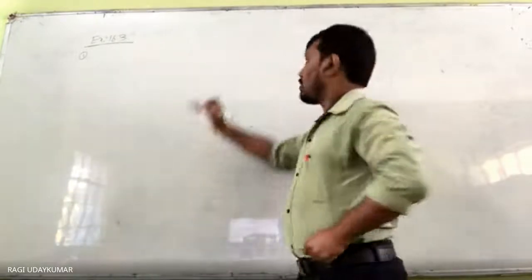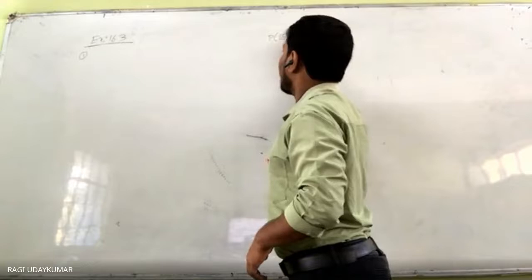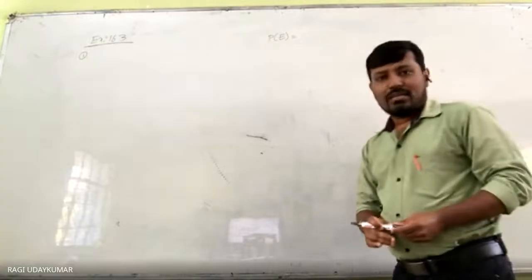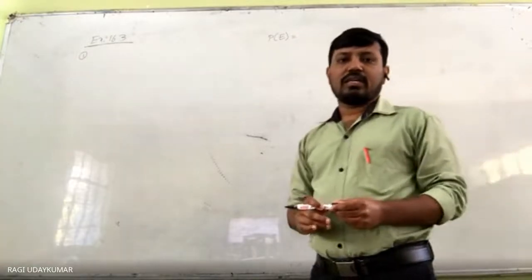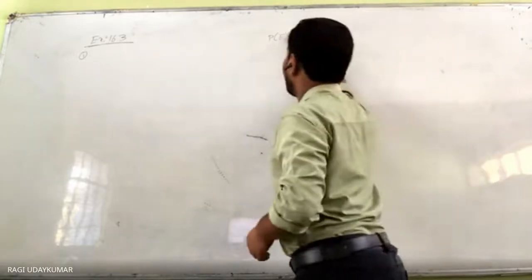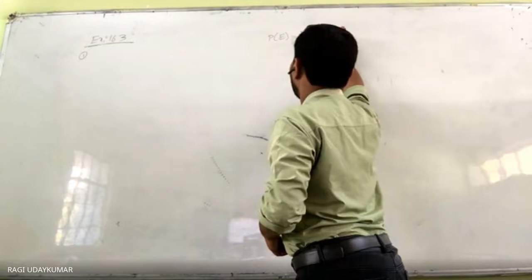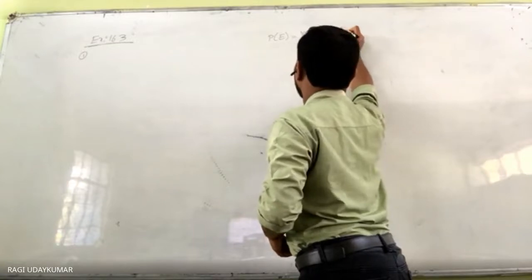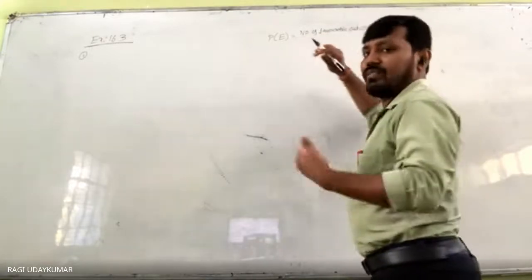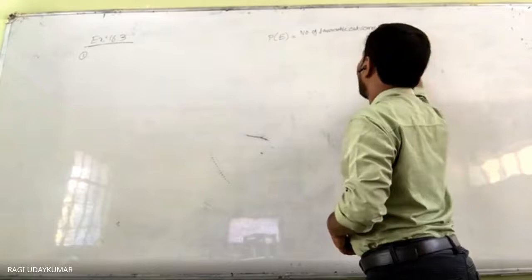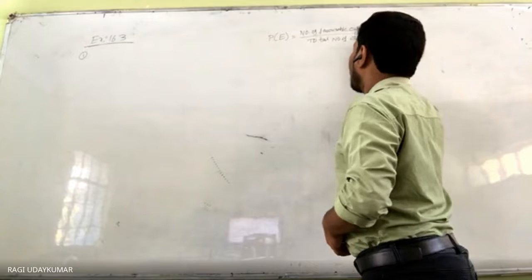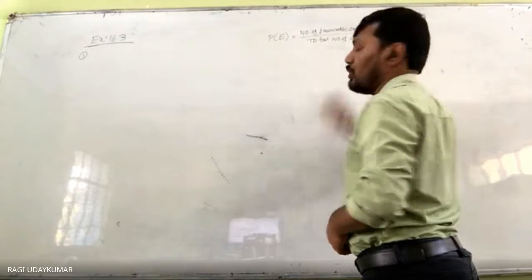The probability of an event E is equal to the number of favorable outcomes to the event E divided by the total number of outcomes.